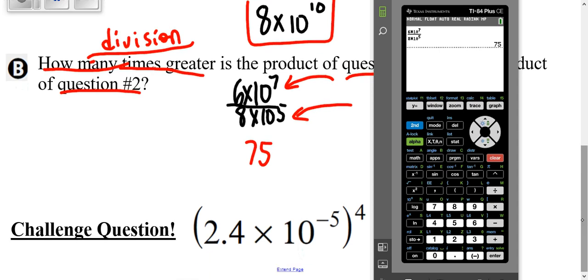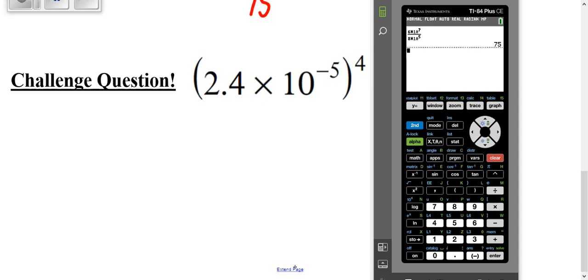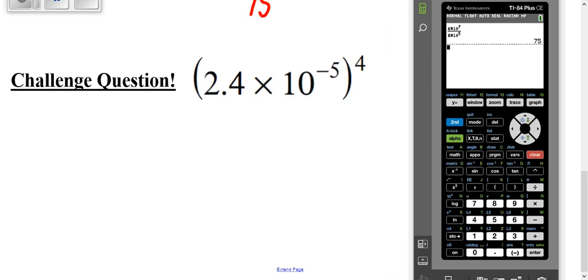If you are thinking about getting an answer in scientific notation, I'm going to just go back and switch it to scientific notation already. And I'm going to put this in, 2.4 times 10 to the negative fifth, and then close parenthesis, exponent again to the fourth.